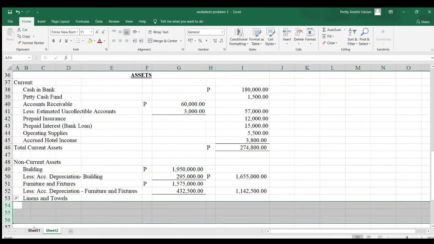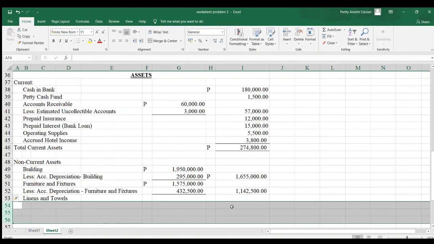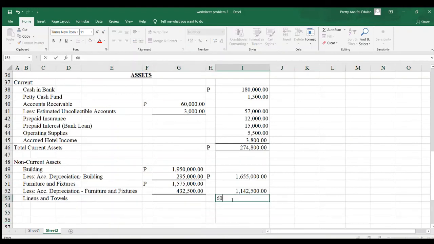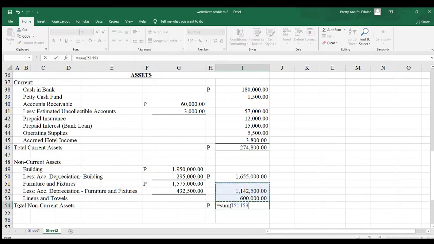Then how much is the linens and towels? It's 600,000. So this will be total non-current assets. Then we add them all.